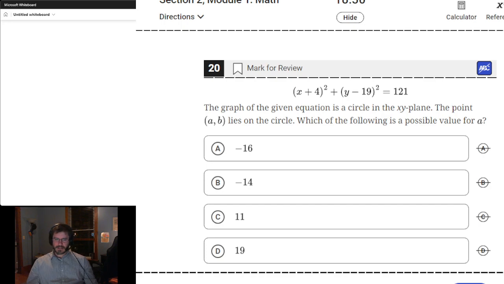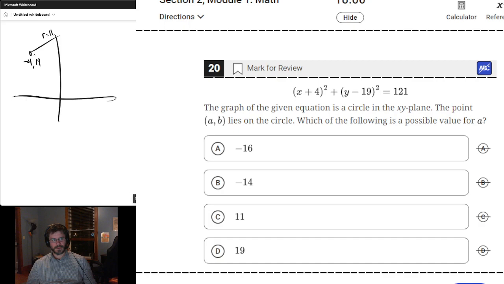So the center of the circle is at -4, 19, and the radius of the circle is 11. R equals 11. So what we can do here is we can just do the obvious thing and check the furthest boundaries for each x coordinate.